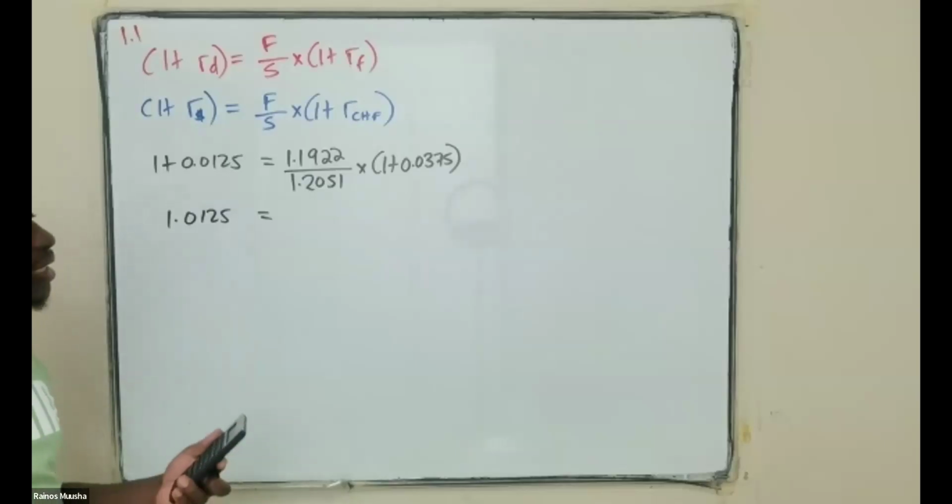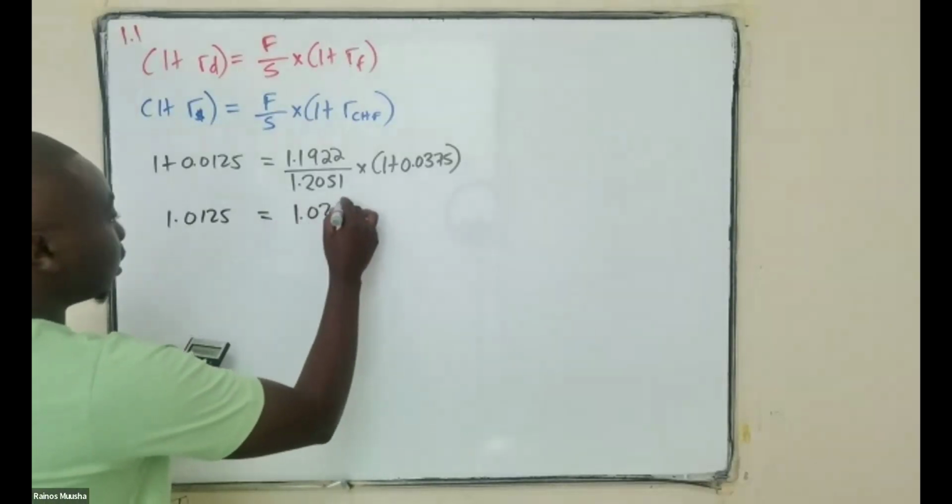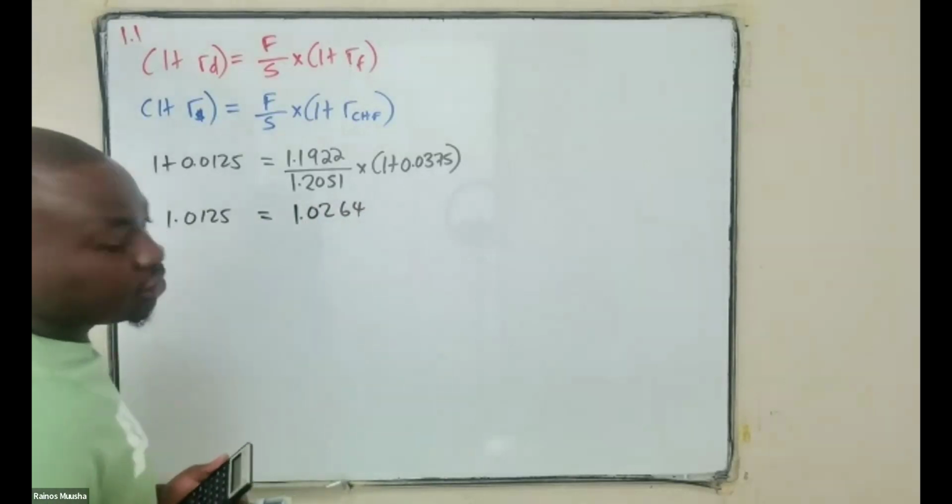So if it's 639, to 4 decimal places it would be 1.0264.